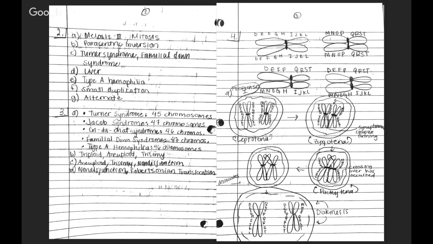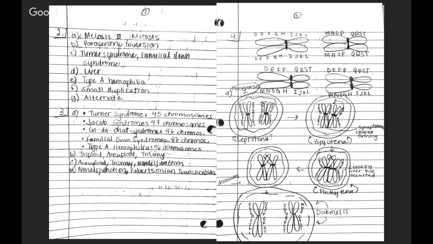Part B, which of the following terms is not associated with Charcot-Marie-Tooth disease type 1A? That would be triploid, aneuploid, and trisomy because the chromosome number is not changed. Part C, which of the following terms are associated with Klinefelter syndrome?